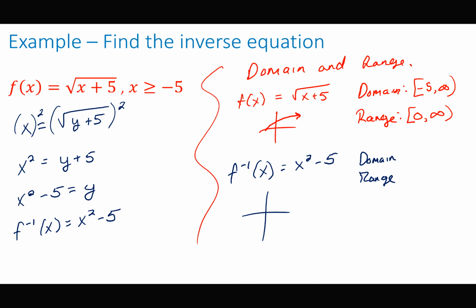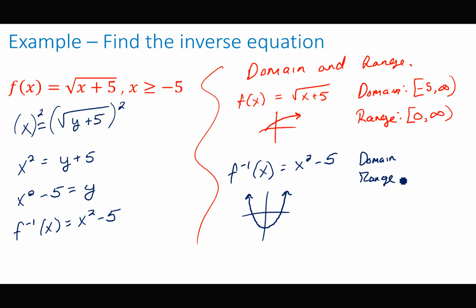What shape is that going to take? Parabola. What's the minus 5 telling us? Shifted down 5 units. So it's going to look something like that.